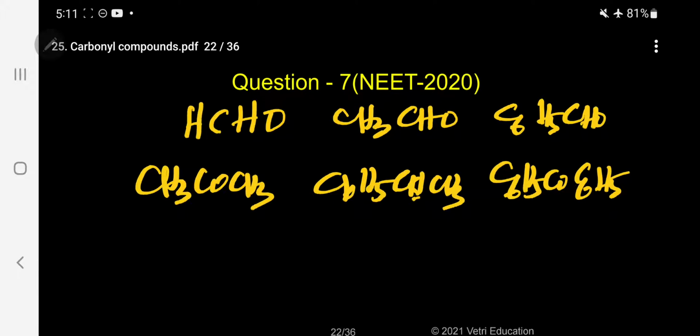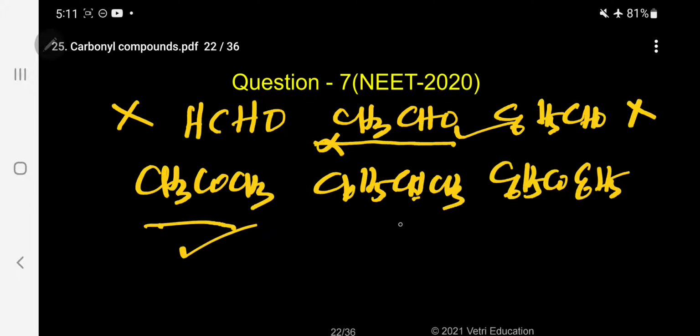Kindly follow, among these, which compounds contain alpha hydrogen? This is containing alpha, this is the functional group CHO, this is alpha. This is not containing alpha, this is not containing alpha, whereas this is containing alpha. And this is also containing alpha, this is not containing alpha. That means only acetaldehyde, acetone and acetophenone undergo aldol condensation.